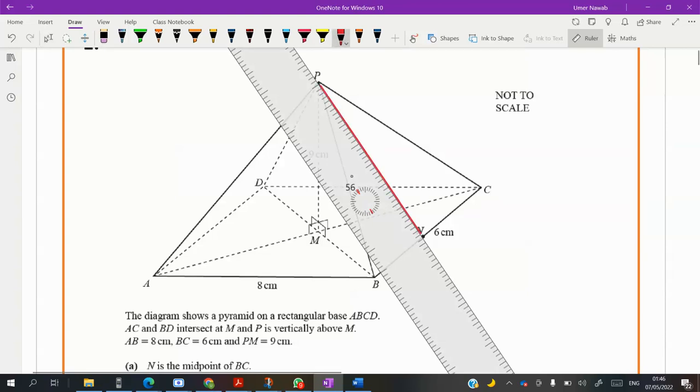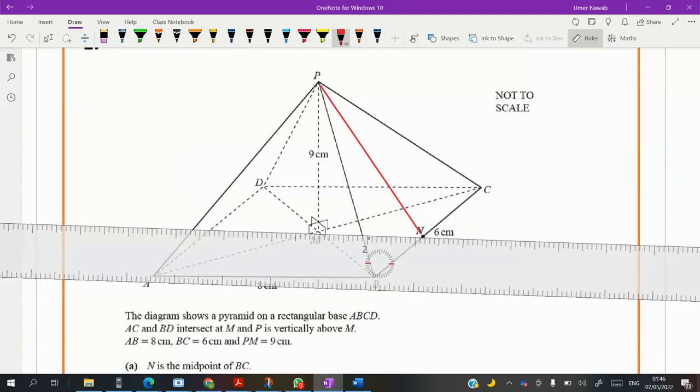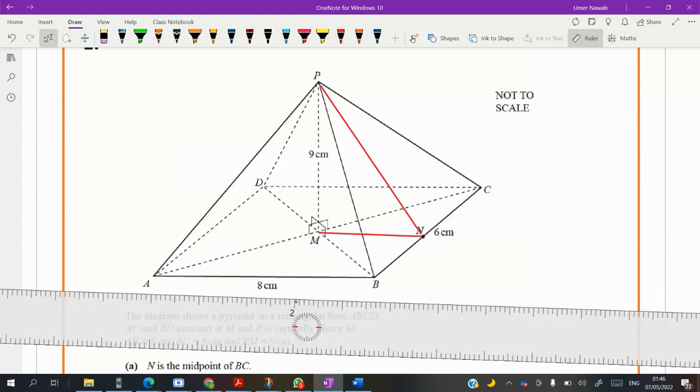I'm going to draw this, and I'm joining M with N, right? By our knowledge, which we already have, M is the midpoint, so it cuts the AB side, which is 8, into 4. So this is 4 centimeters, 9 and 4.